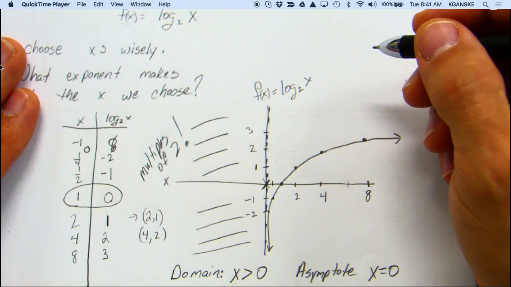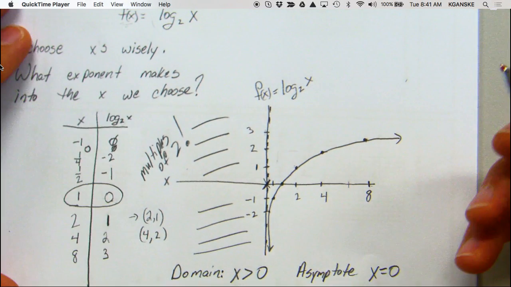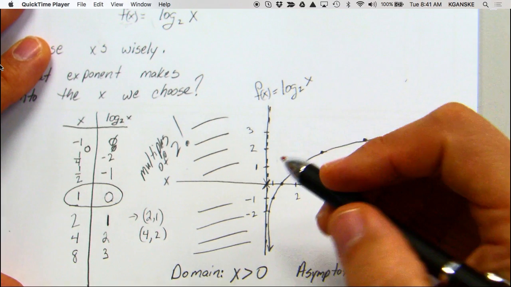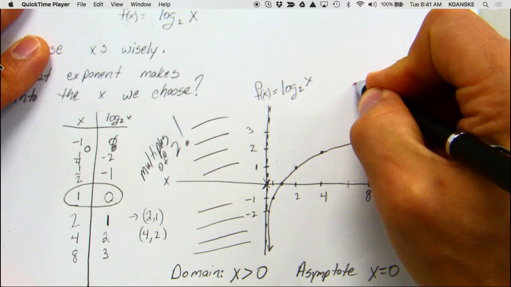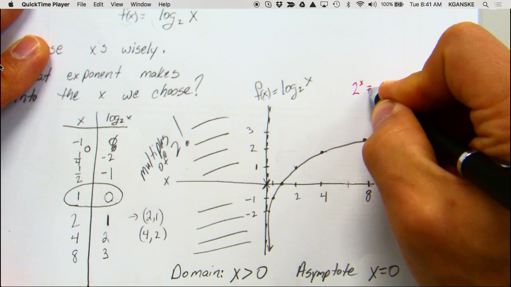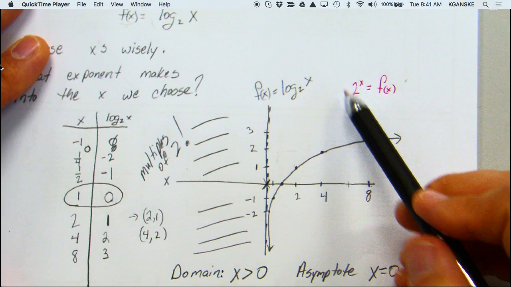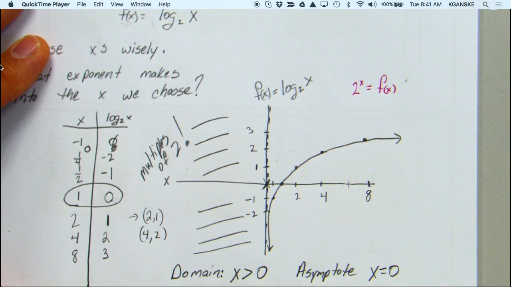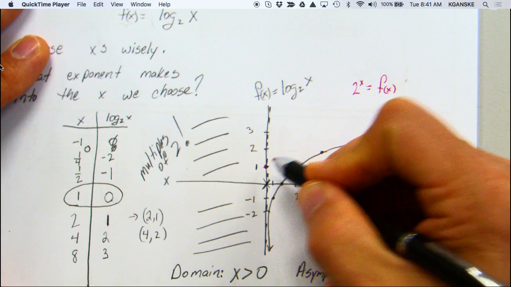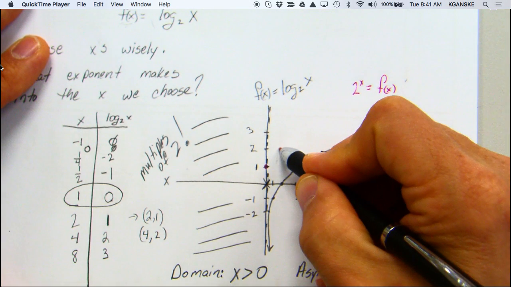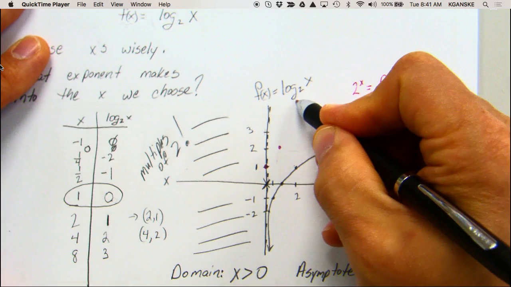Okay, exactly. So just for fun, I'm going to do this in a different color. If I draw the graph 2 to the x is equal to f of x on here now, our simple exponential that we did from last class, here's my anchor point. 1 goes in, 2 comes out, 2 goes in, 8 comes out.